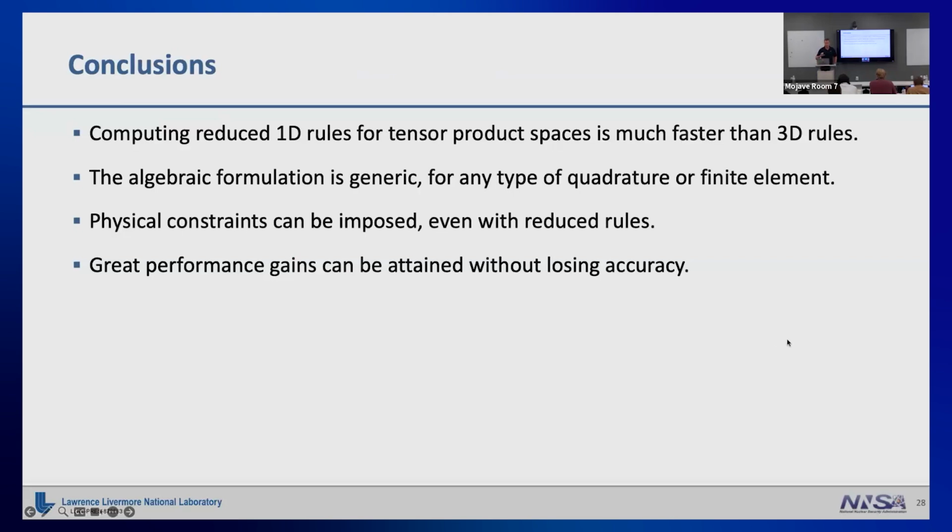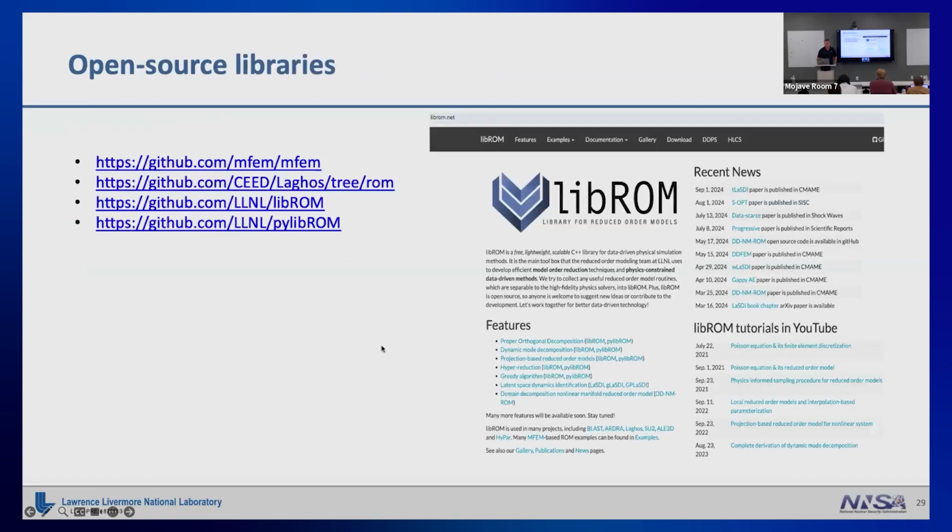We can just do this in an automated way. We can also satisfy some physical constraints like conservation, and we saw a great speedup without losing much accuracy. And all of this can be reproduced using our open source code in MFEM, the ROM branch of Laghos, and our library for reduced order models. So thank you very much.